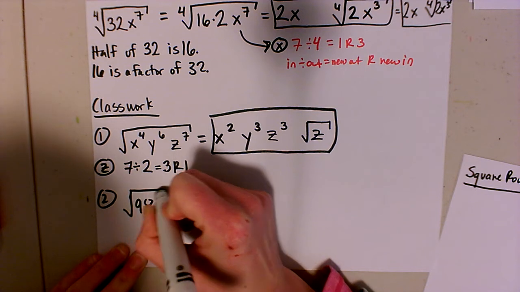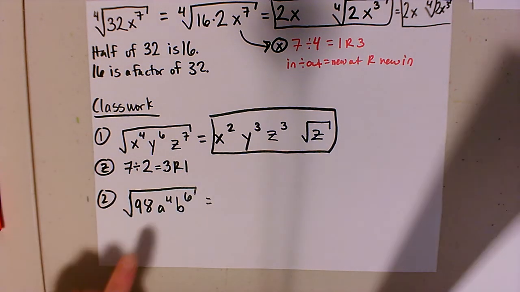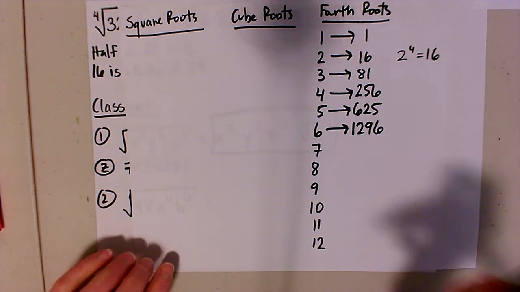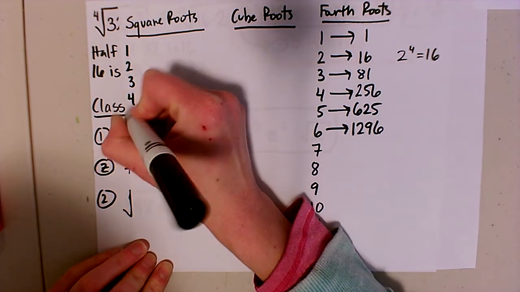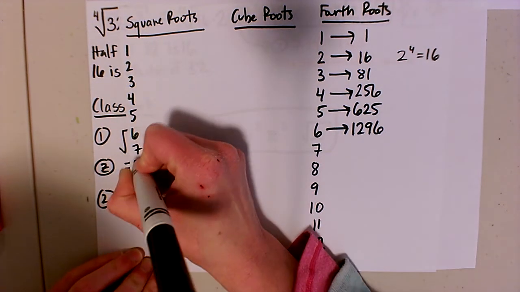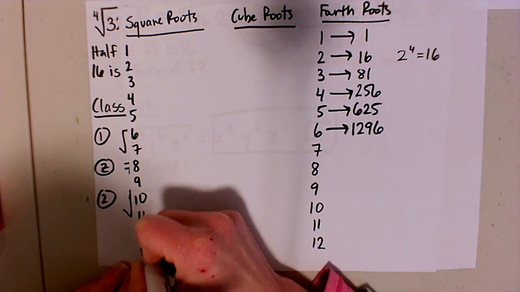Okay, so for number 2, we have the square root of 98 times a to the 4th, b to the 6th. We're trying to find the square root of 98, so let's make our square root list. We're going to have 1, 2, 3, 4, 5, 6, 7, 8, 9, 10, 11, 12, 13.